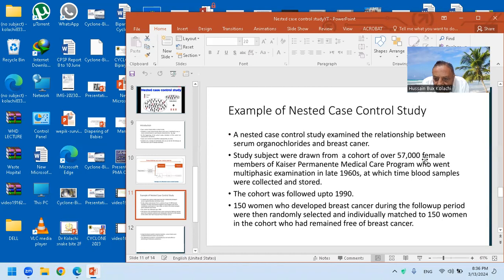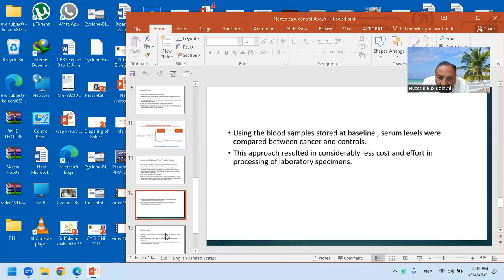About 57,000 females were followed, and ultimately 150 women were detected with breast cancer, and 150 were also selected as controls. So what was the beauty of this study? Let us see the last slide.